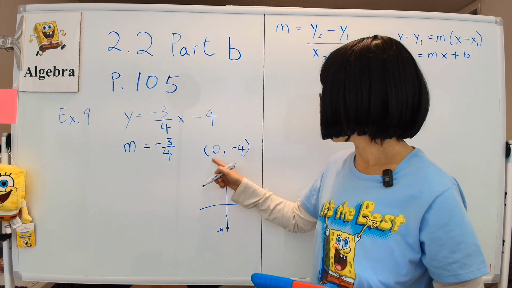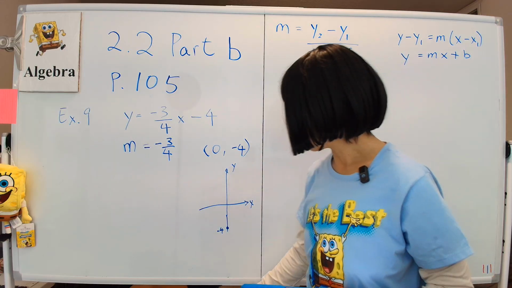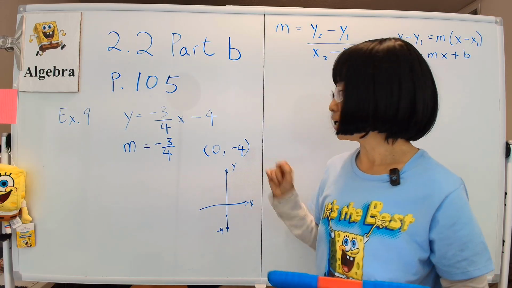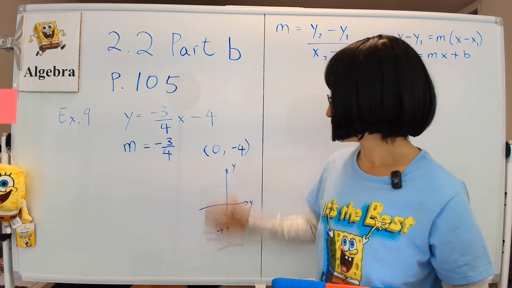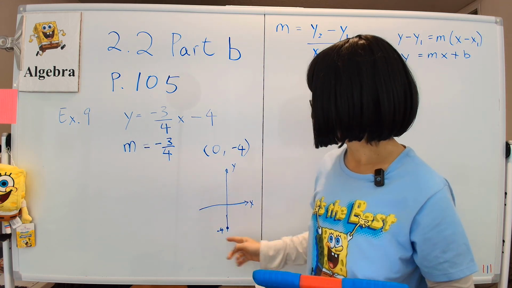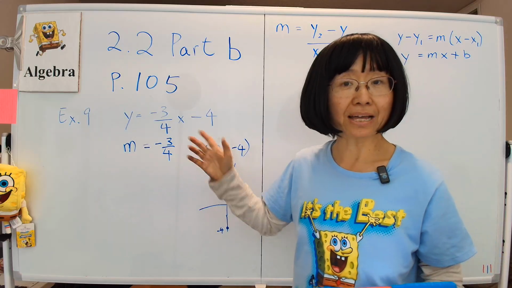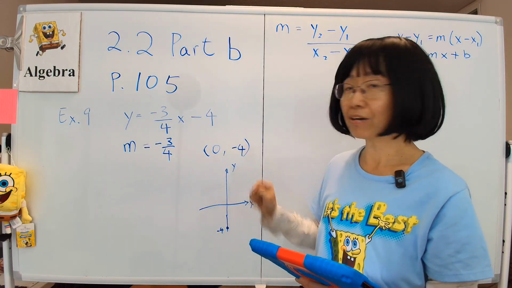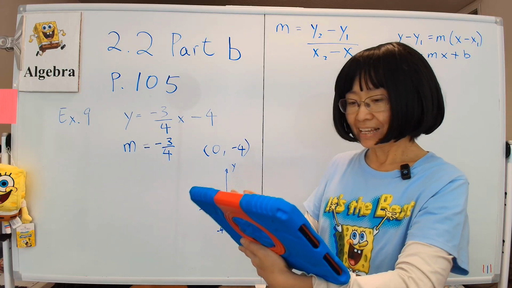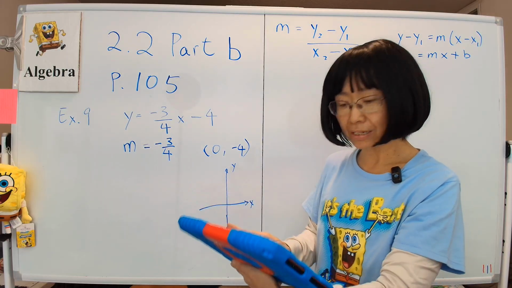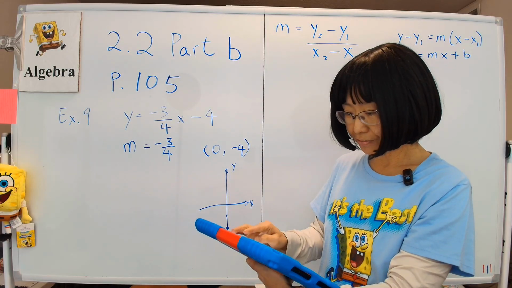So the y-intercept for this problem is at 0, minus 4. In general, the x coordinate of the y-intercept is always 0, because it's on the y-axis, and everything on the y-axis has 0 for the x coordinate. So that's example 9, and please do example 9 yourself as part of your homework.